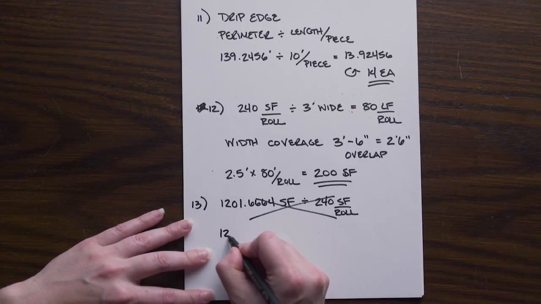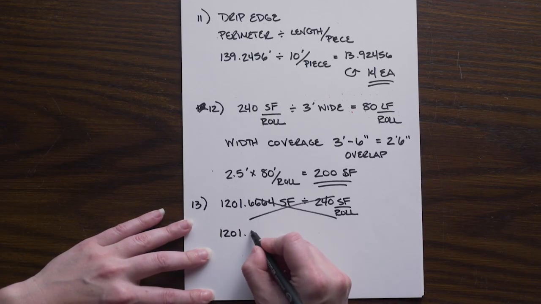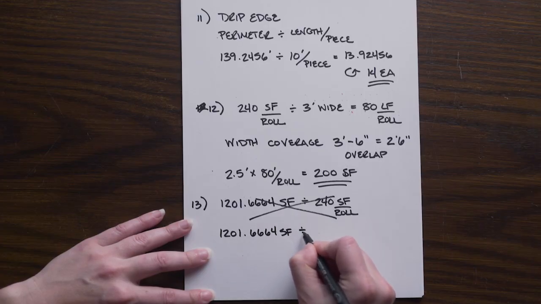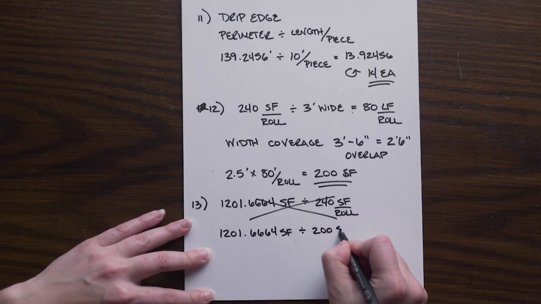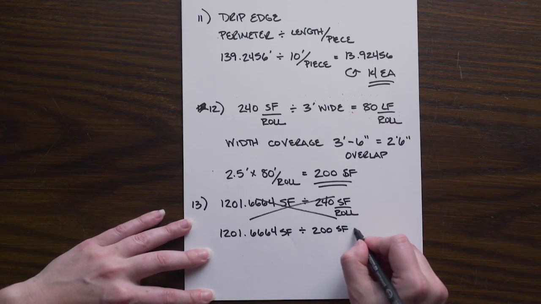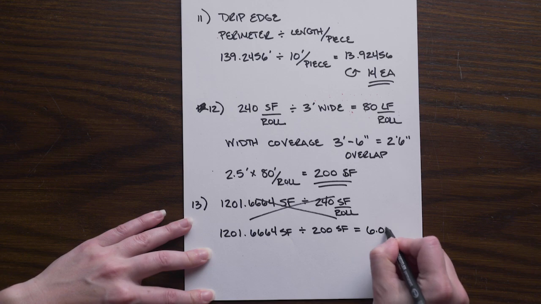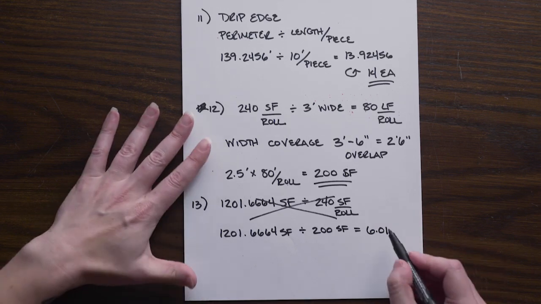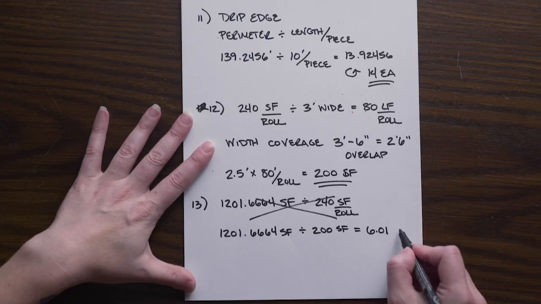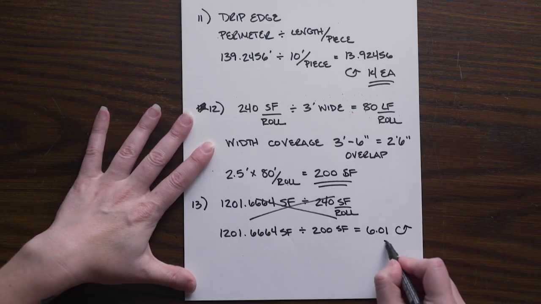So instead, we have to take the 1201.6664 and divide it by the 200 square feet of roof coverage that we just determined per roll, and we get 6.01. And even though it is a very, very small number, usually we would add waste anyway, but we want to get in the practice of rounding up.